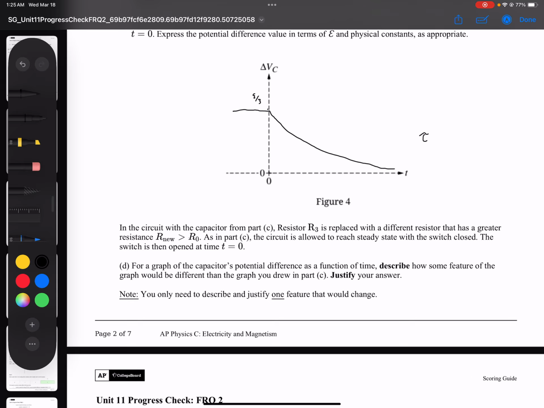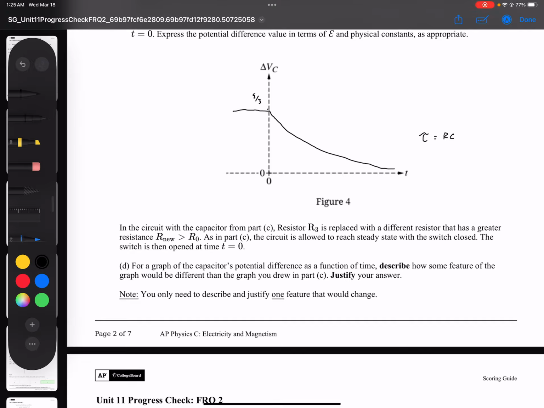Or actually, hold on. It says here, replace a different resistor, reach steady state. The switch is then opened at time t equals 0. So not only is the voltage across the capacitor going to be greater, it's also going to take longer for that capacitor to discharge because there's a greater resistor connected to the capacitor.